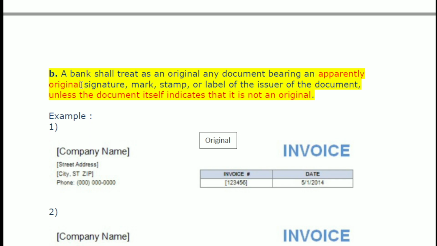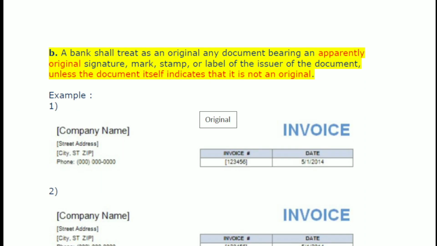The words apparently original mean that by looking at the face of the document, we should be able to judge whether the signature, mark, stamp, or label of the issuer is original. Let's understand this by the examples given below. Refer to the first image of the invoice, where the word original is written on the top.